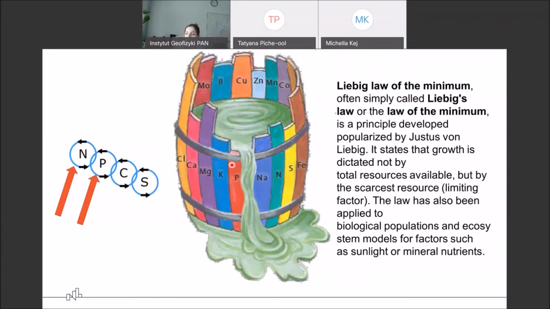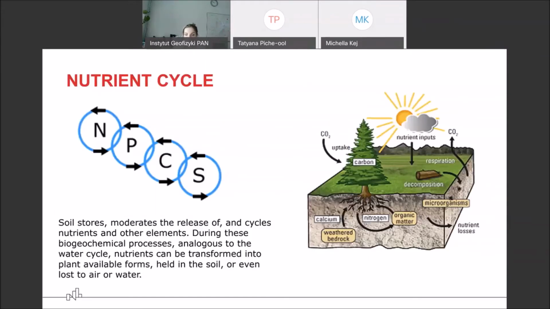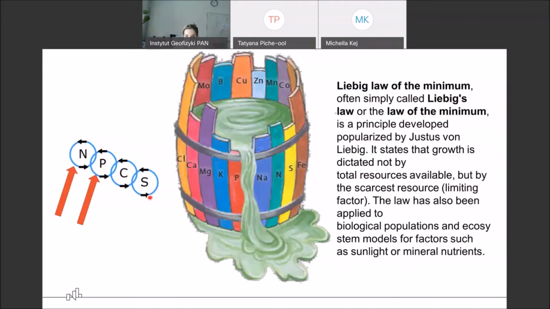So this law can be applied to biological populations, ecosystem models, to many different things, many limiting factors. Because in soils, especially in Arctic soils, there are two nutrients which are the most limiting factors, which are nitrogen and phosphorus, out of these four that are crucial in general for living organisms.